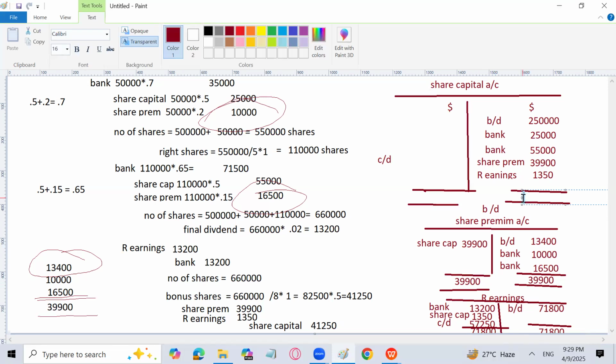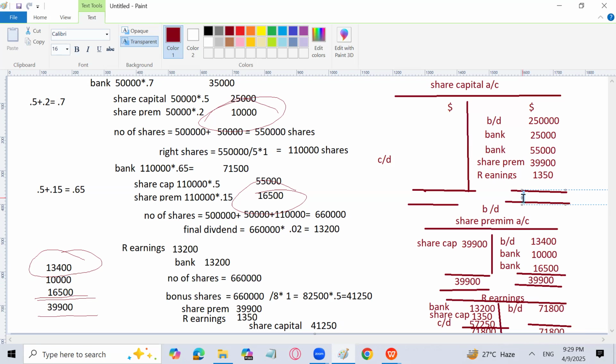आपने टोटल नहीं किया मुझे, चलिए कोई बात नहीं, मैं कर लेता हूँ. 2,50,000 plus 25,000 plus 55,000 plus 39,900 and plus 1350. That is the total amount of share capital actually.